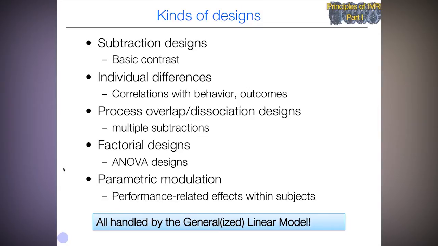Process overlap and dissociation designs focus on multiple subtractions, comparing a type of event with multiple types of control conditions, for example. Factorial designs, or ANOVA designs, organize multiple types of events into factors. And finally, parametric modulation designs look at performance or task-related effects within subjects. We'll see examples of each of these kinds of designs in the following slides.